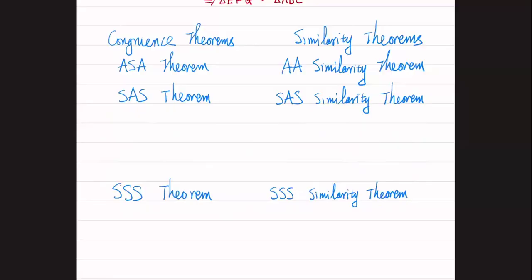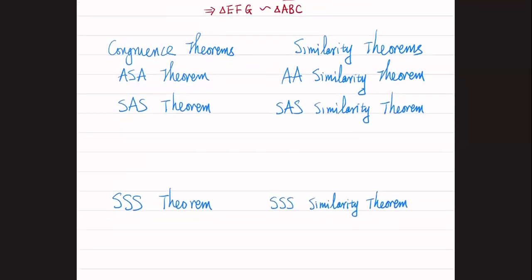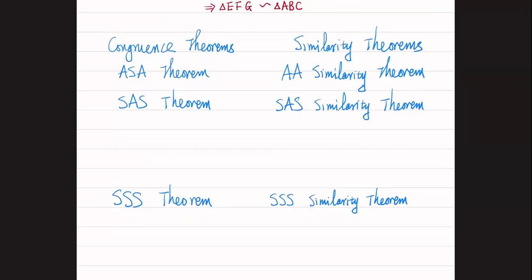Okay, so ASA: if we have two pairs of angles, then the two triangles are congruent.